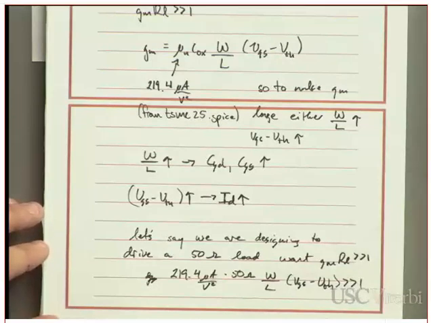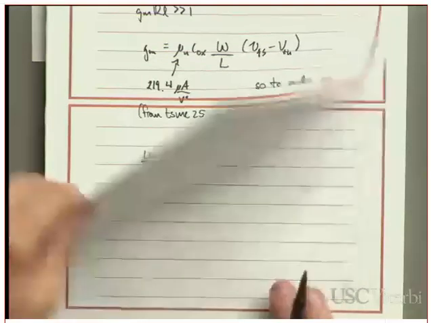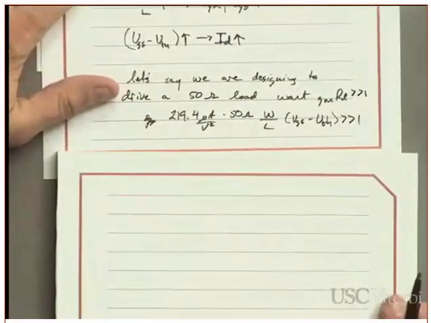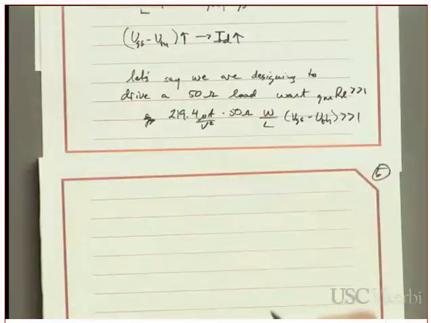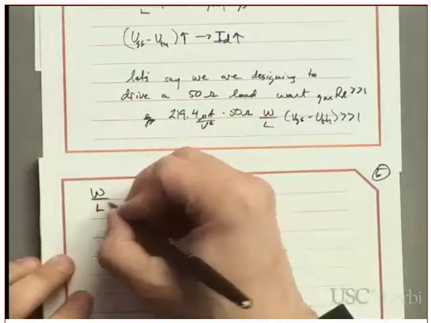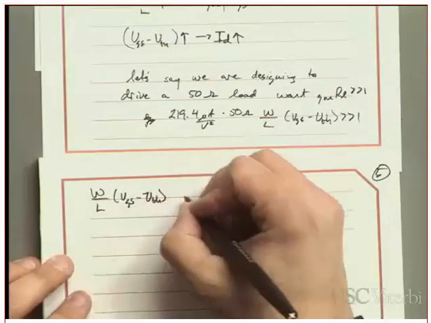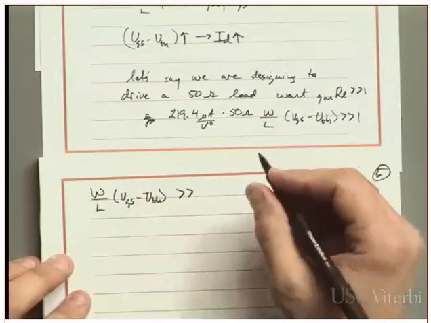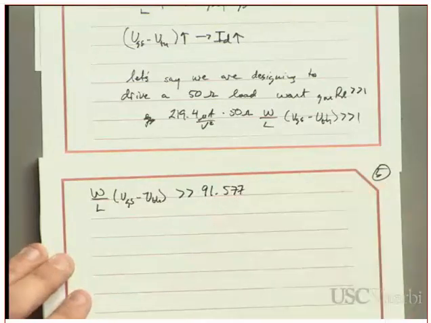So if I calculate these two values and move them over here, I can find out how big this needs to be in order to meet my supposed design requirements. So width over length, VGS minus VTH, has to be much greater than 91.577.